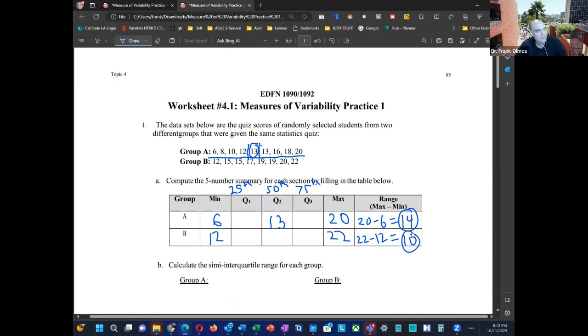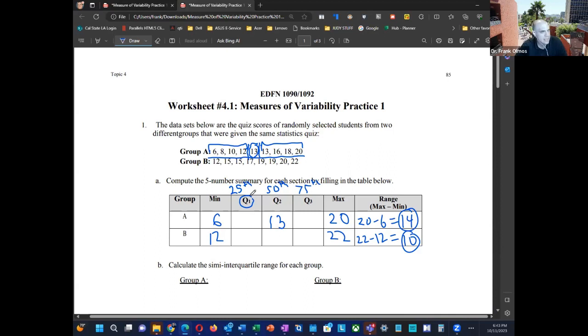Here comes a little bit of a tricky part, but if you know how to get the median, you should be fine. Once I've identified the median, I'm going to get the median of this set of numbers. To get Q1, you get the median of these numbers.